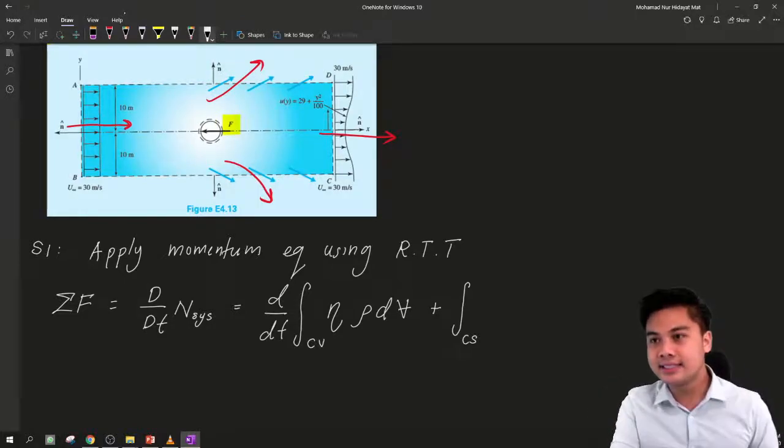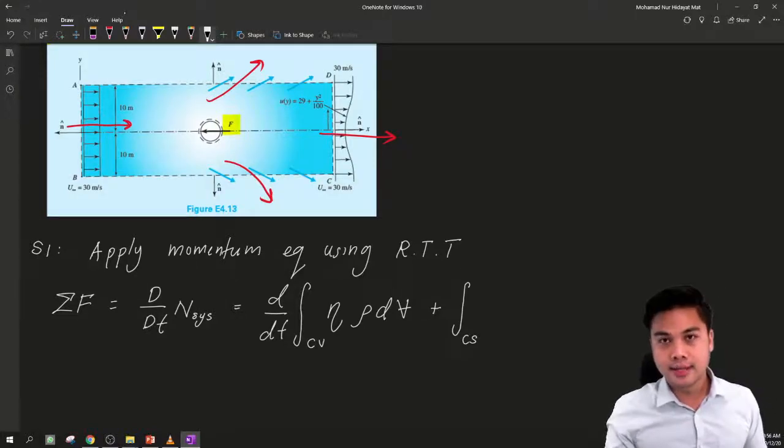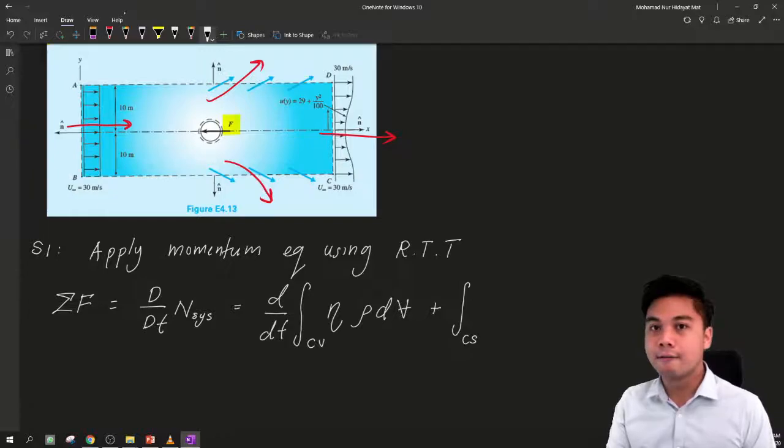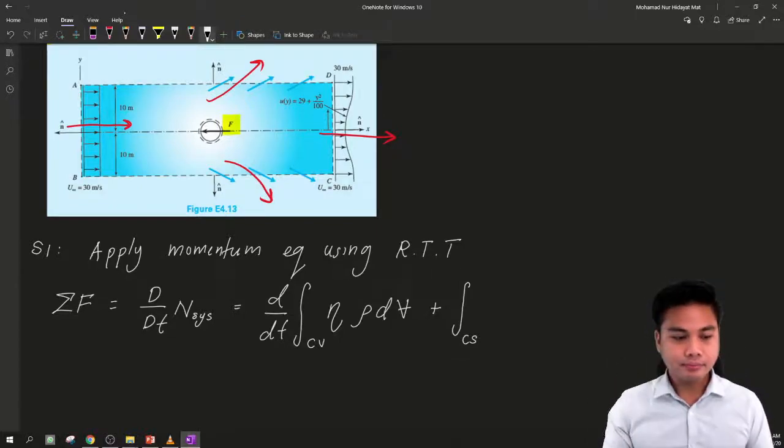So here you see the imaginary line. This is the control surface. Inside it is the control volume. That's why we have 2 terms here, control volume and control surface. However, for the control surface, we use the flux term, or the flow across the surface area.